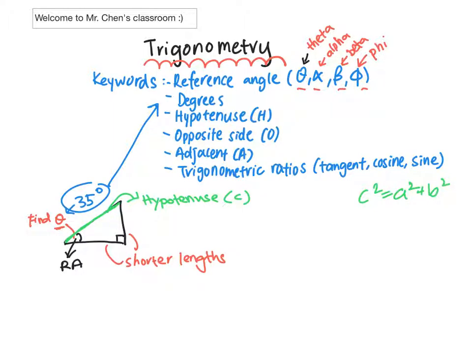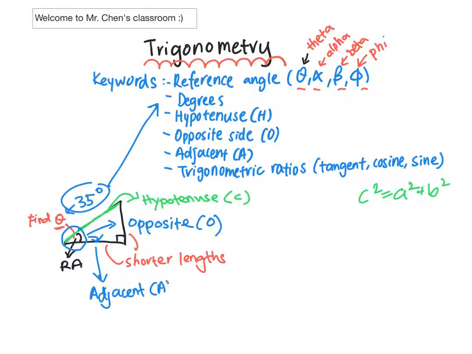If the reference angle is right here, the side opposite it is literally just called the opposite, represented as O. And the side that is right next to the reference angle is called the adjacent.